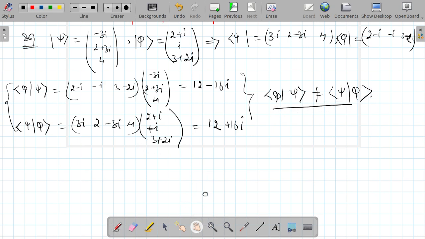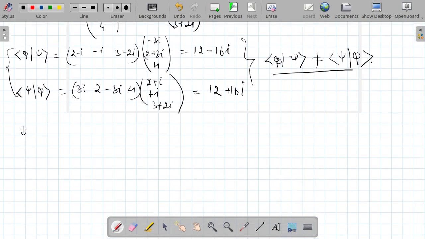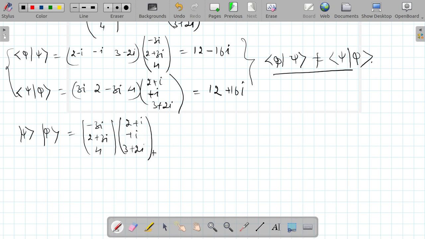Then let us try to find out the next thing. So if I try to calculate this, here it is 3 iota, 2 plus 3 iota, 4, and 2 plus iota and 3 plus 2 iota, and phi and psi can be written as minus 3 iota, this is psi, this is phi.